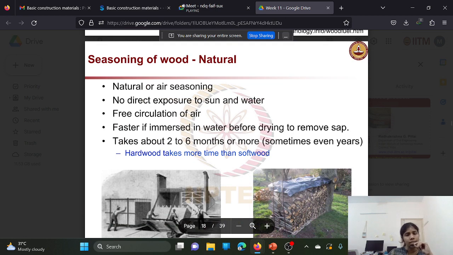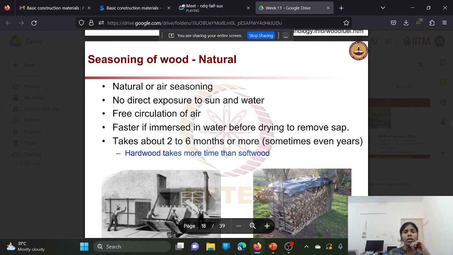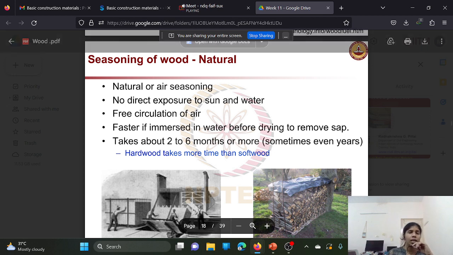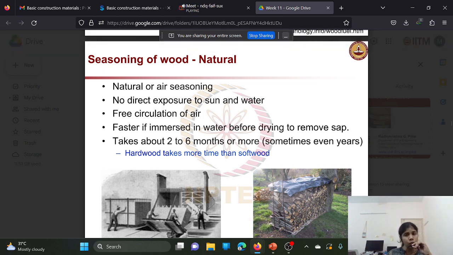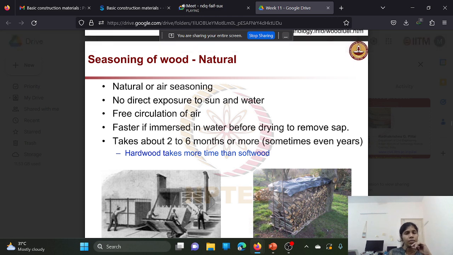So what do you understand by natural seasoning? Natural seasoning is nothing but racking up or piling up the wood at outside temperatures. Natural or air seasoning means it will not be directly exposed to sun and water. It will have some protection from sun and water, and it will have free circulation of air.